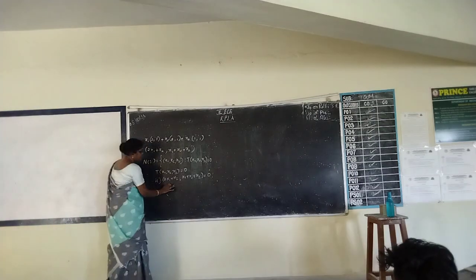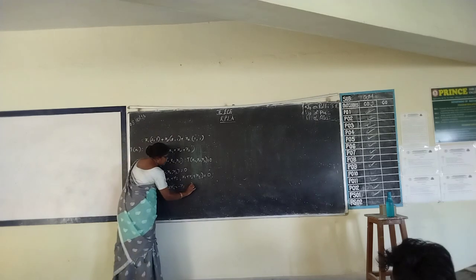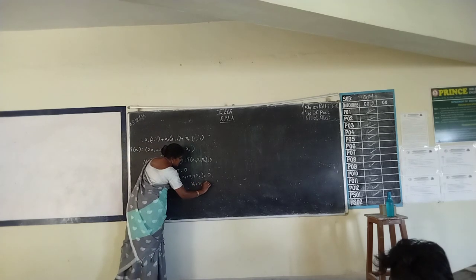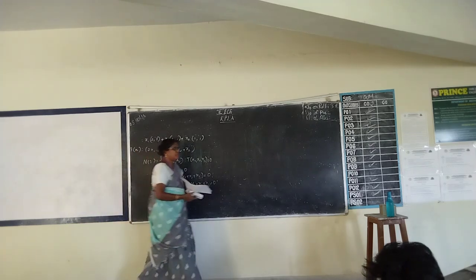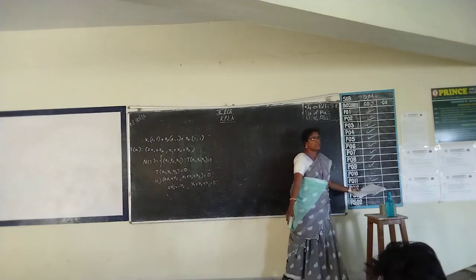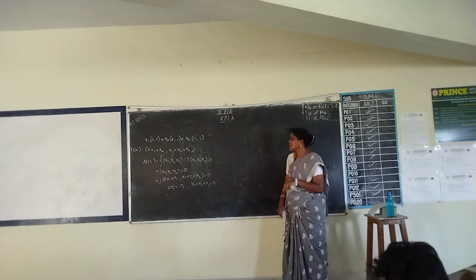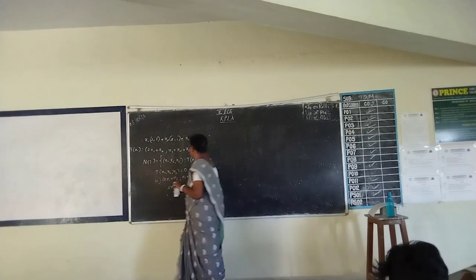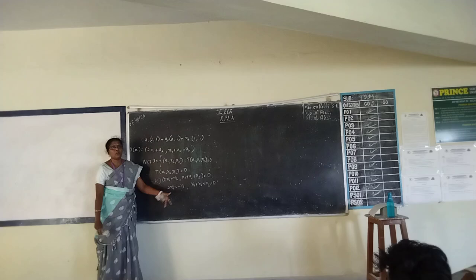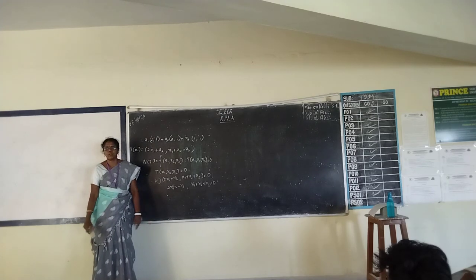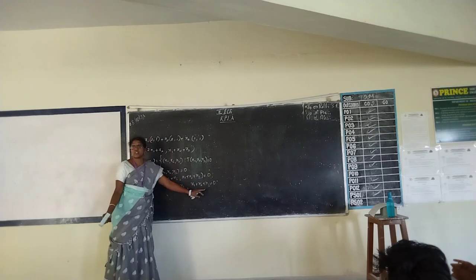2x1 is equal to minus x3. Okay. Then x1 plus x2 plus x3 equal to 0. What is the other way you can solve? There are 3 unknowns. Can you reduce it to 2 unknowns? From this, x3 is equal to minus x1 minus x2.